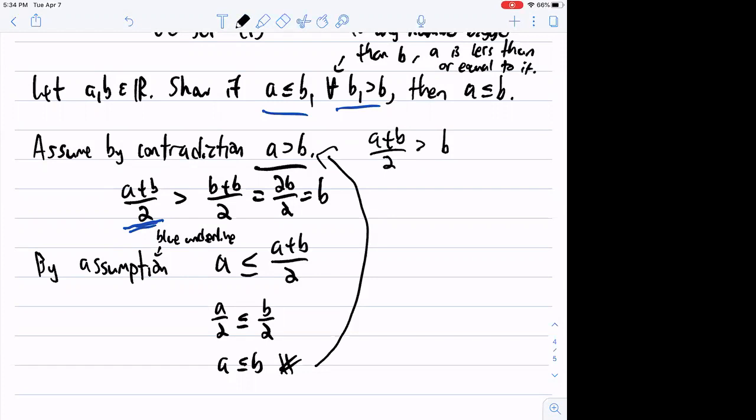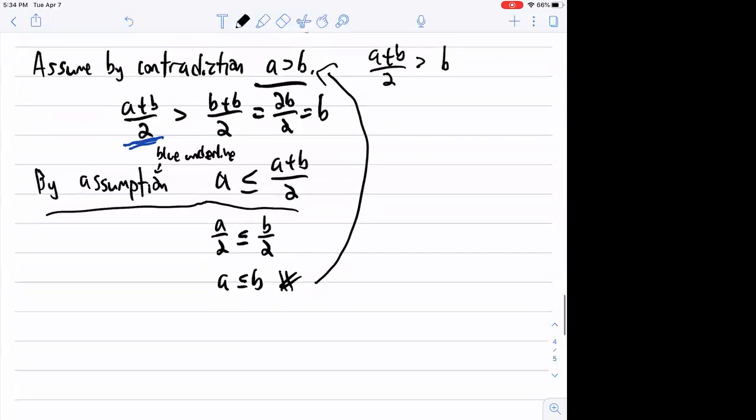Okay, right here. Let me put it this way. We have that A is less than or equal to C for any number C that's bigger than B. This is the assumption.